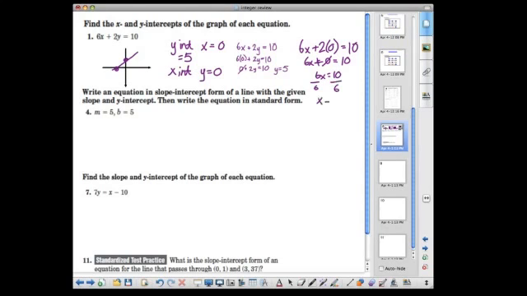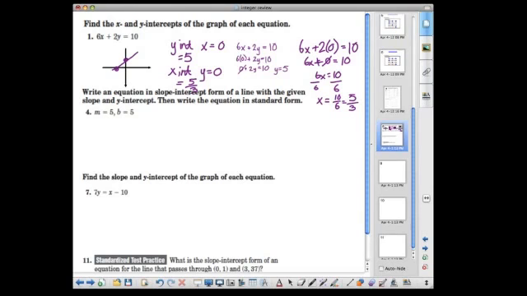I can say x is equal to 10 sixths, or I can simplify to 5 thirds, whichever way you choose to do that. So you probably should simplify your answer, just so you're aware. But my x-intercept is equal to 5 thirds.